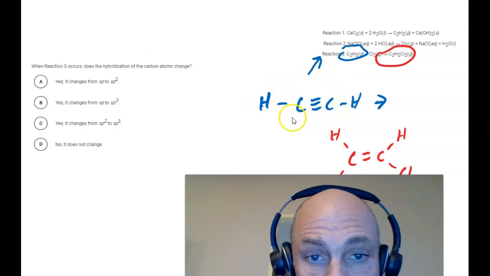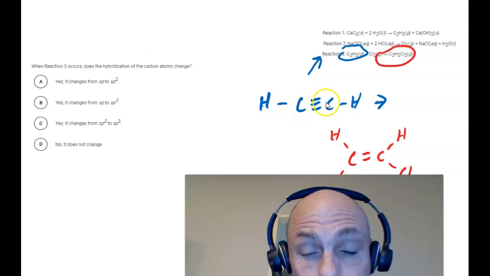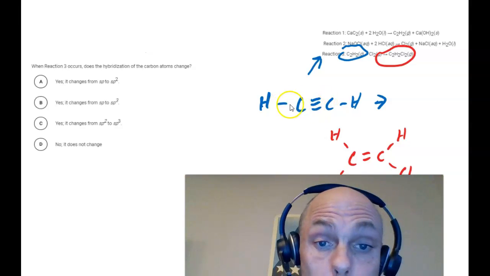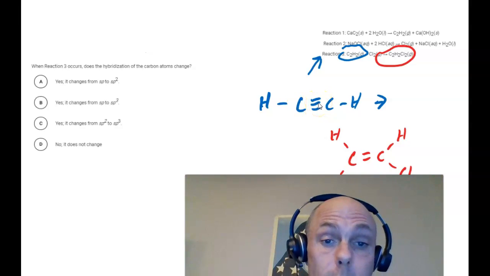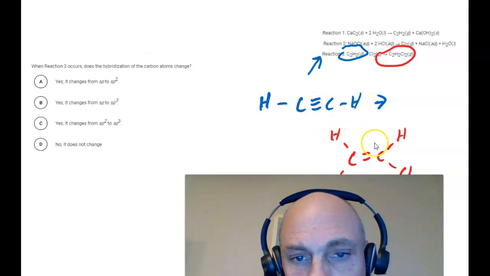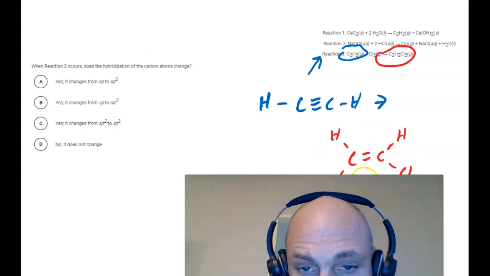Well, in C2H2, each of the carbon atoms, again it's symmetrical, has just two bonding groups. Excuse me, just two electron groups, and they're both bonding groups. Two electron groups, linear geometry, sp. S plus p equals 2. So, sp. Meanwhile, on the product side, C2H2Cl2 has this structure.